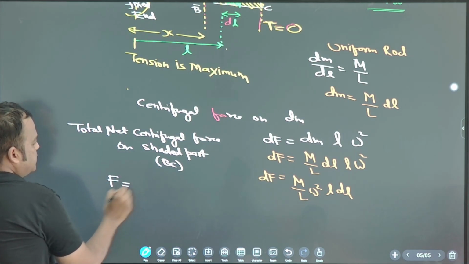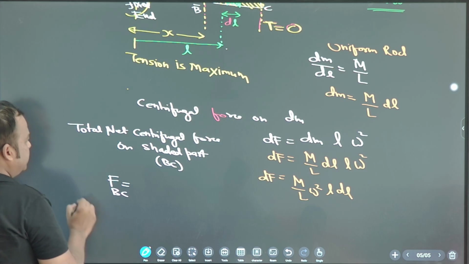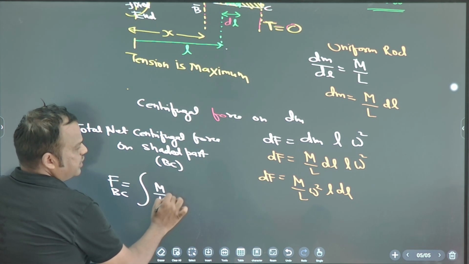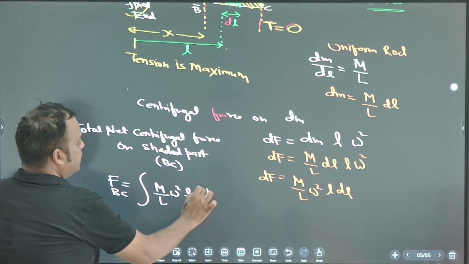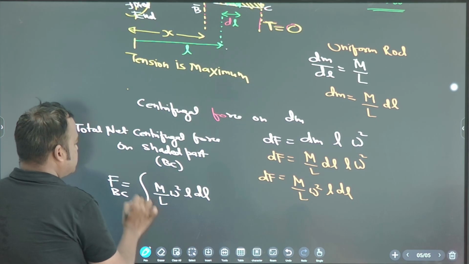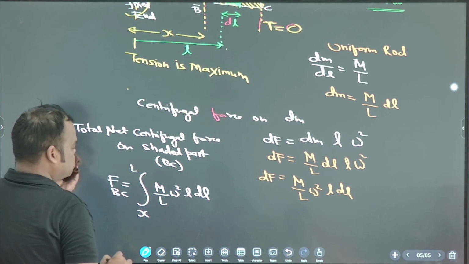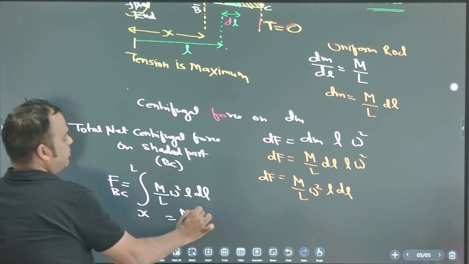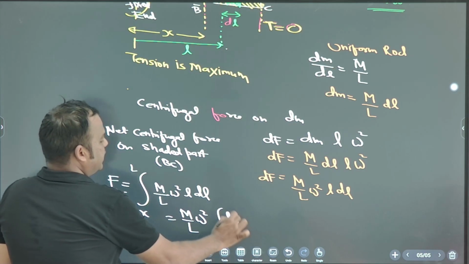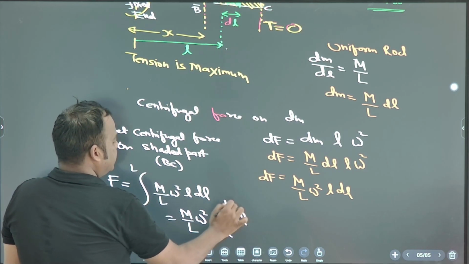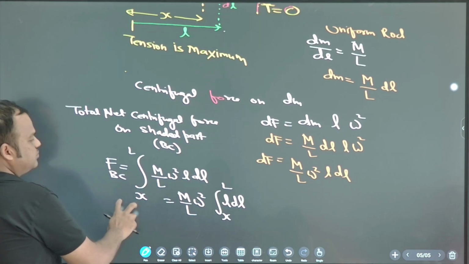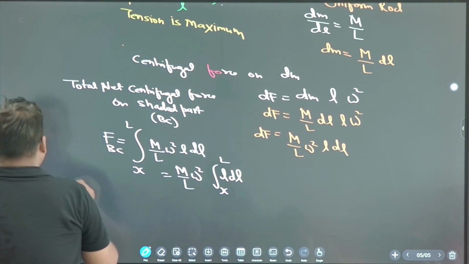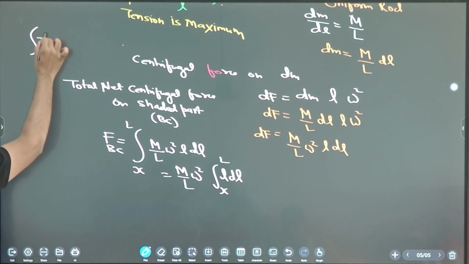So net centrifugal force on BC is the integration of M by L omega square L dl, from x to L. So this is M by L omega square times the integration of L dl. Now integrate L dl. What is the integration formula for x power n dx?